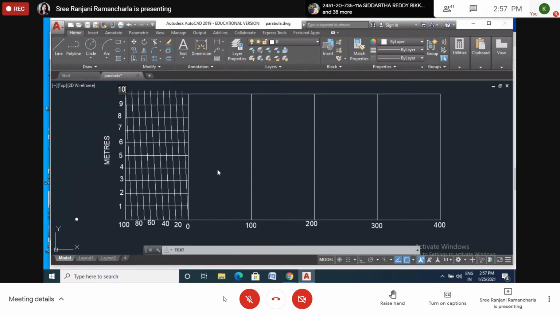So what is the maximum? Main scale 300. So 300 line is here. Then we have to go to 70. So we have to go to the 70th line. This is the 70th line, and at 4, here we have to go at 4.